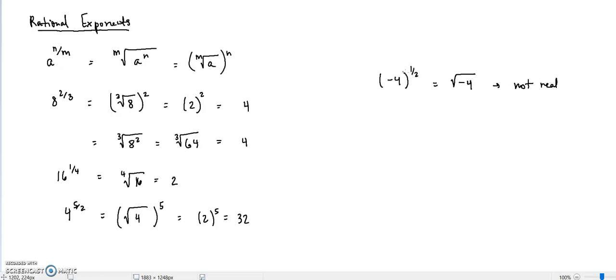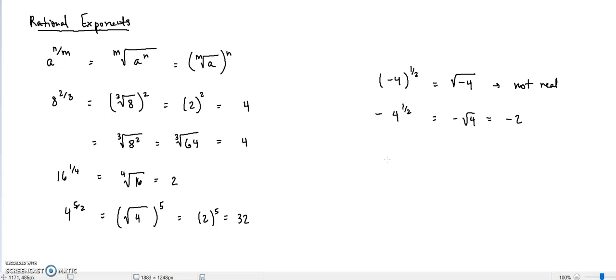You might not see it in this form, but when you see it as a root, you go, oh yeah, that's not a real number. But if you have -4 to the 1/2, exponents only go with what they're next to unless there are parentheses telling you otherwise. So this negative is outside of the exponent because there's no parentheses around it. So this one I can do. I would do the square root first and then make it negative.